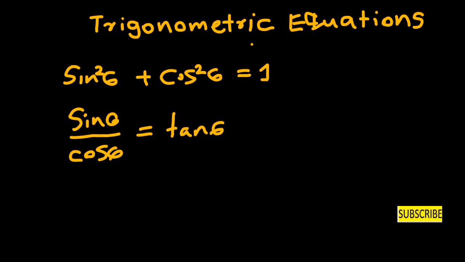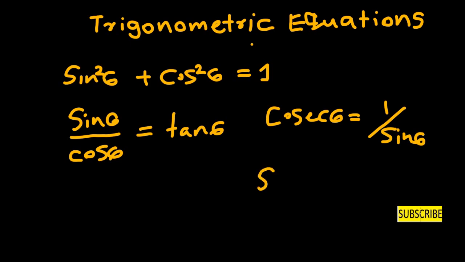Also you know cosec theta equals 1 divided by sine theta. Furthermore, sec theta equals 1 divided by cos theta.